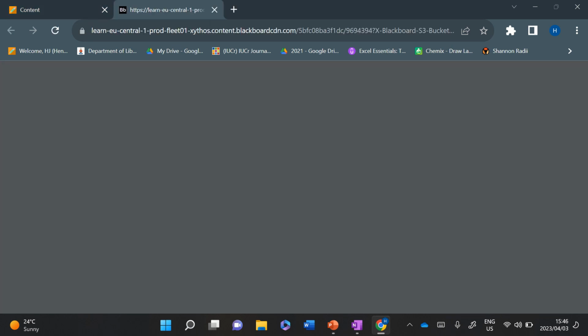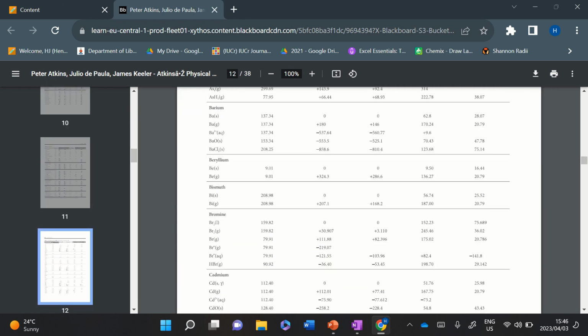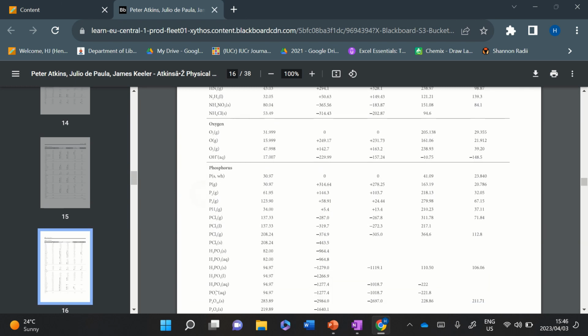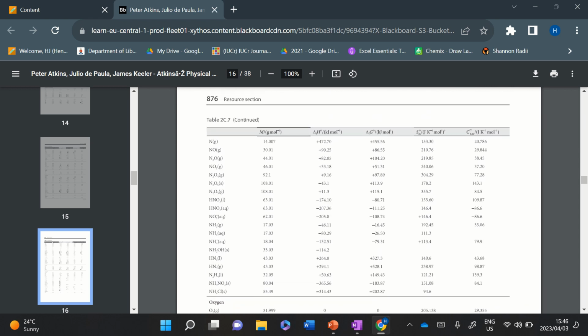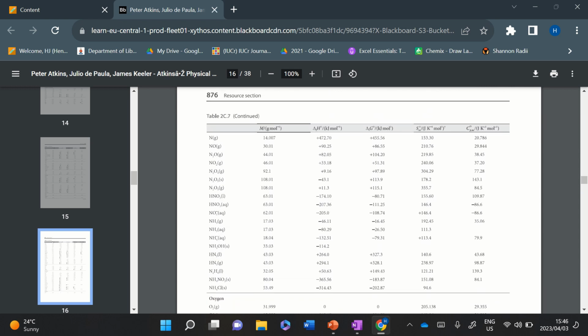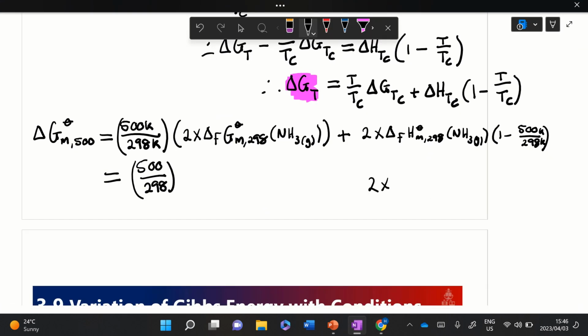As always, it's under the useful materials or the resources. So there's ammonia gas. Ammonia gas's enthalpy of formation is minus 46.11. So that is 2 times minus 46.11. It's kilojoules, so both of these will be in kilojoules, times 1 minus 500 over 298.